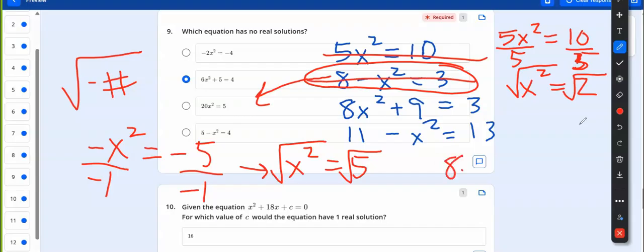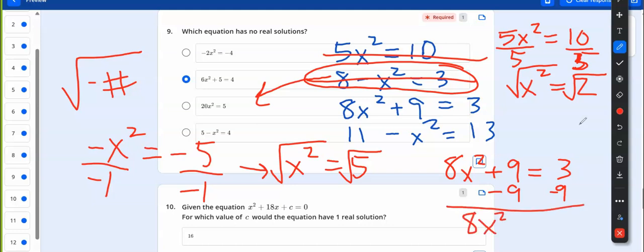Okay, so now we go to the next one. 8x squared plus 9 equals 3. Tell me what to do to solve this. Subtract 9, good. So now we know that 8x squared equals -6. Now what? Divide by 8. So now we have x squared equals -6 over 8. Now what?